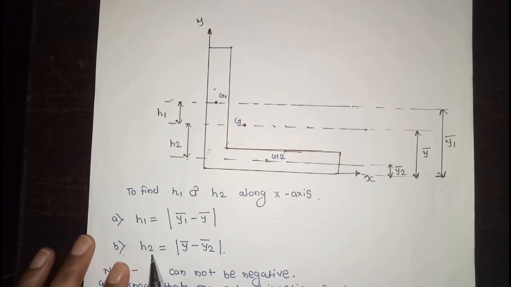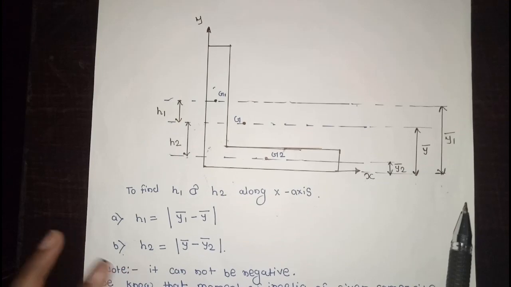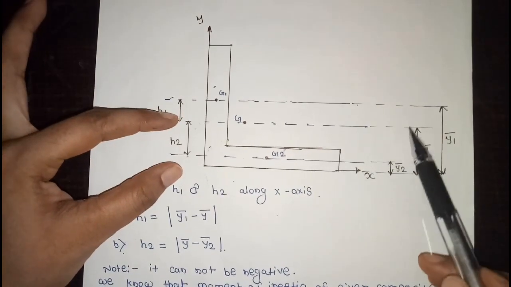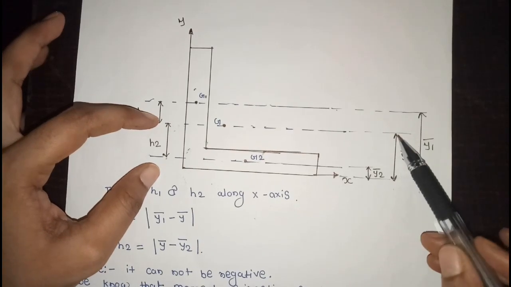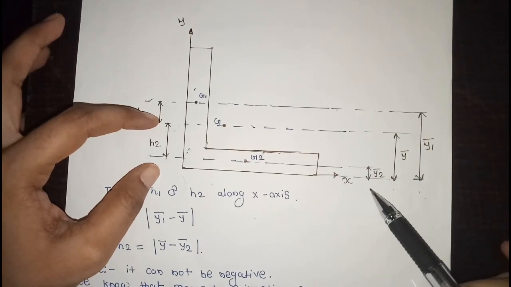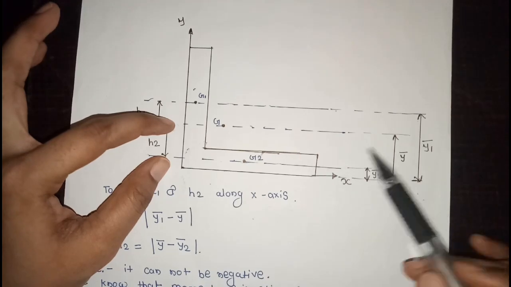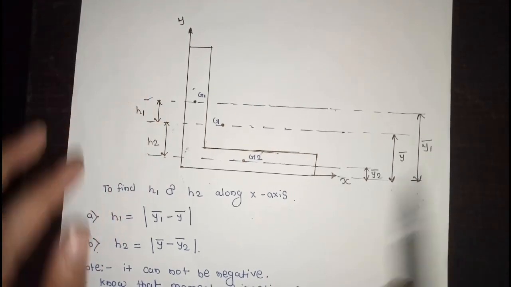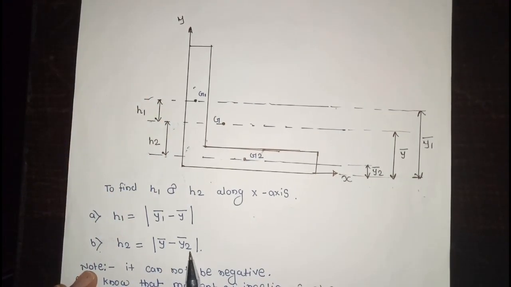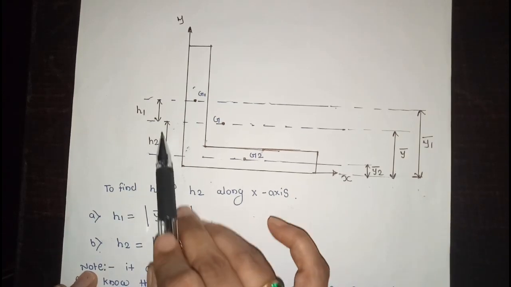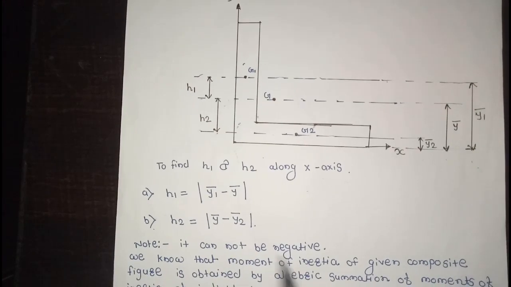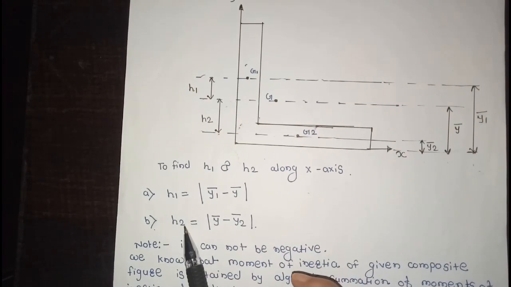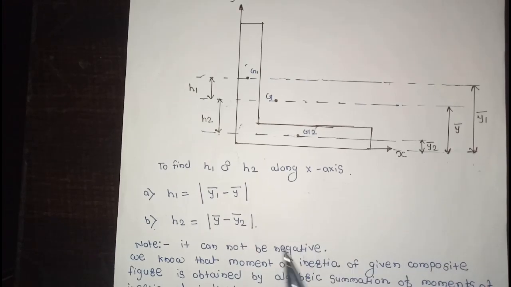Then calculate H2: Y bar minus Y2 bar, then we get H2. So this is H1 and H2. This is the formula for H1 and H2 along x-axis.